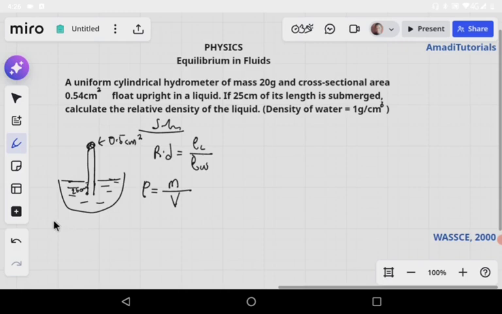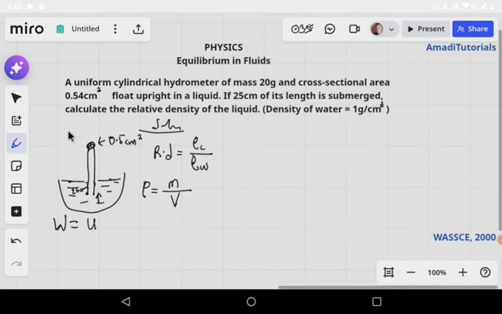Now, you remember the principle of flotation or law of flotation. It says that a body will float if its weight is equal to the upthrust. Now, what is upthrust? Upthrust is an upward force that acts on a body that is partially or totally submerged in a fluid.